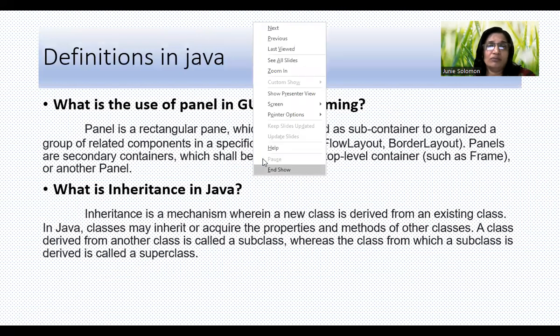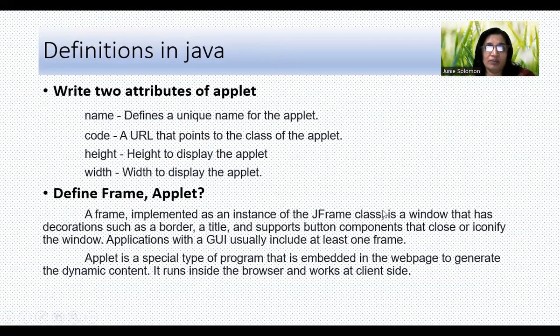Nowadays people use the JFrame class as a window that has decorations. It is a window which will have a border, a title, and support buttons such as close for the window. A GUI application usually includes at least one frame. So it is nothing but a window, with a title, buttons and a lot of components, which you design according to your needs. That is called a frame.